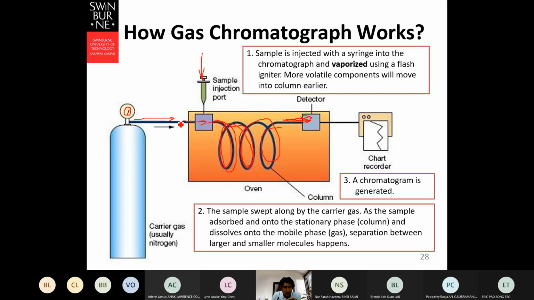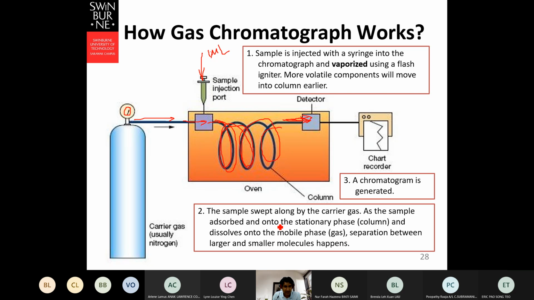We need only 1 microliter, okay? Can you imagine? One microliter means one thousandth of a milliliter. It's a very small amount of sample, so even if it is bound very strongly, it cannot stay there long. We force it to come out.